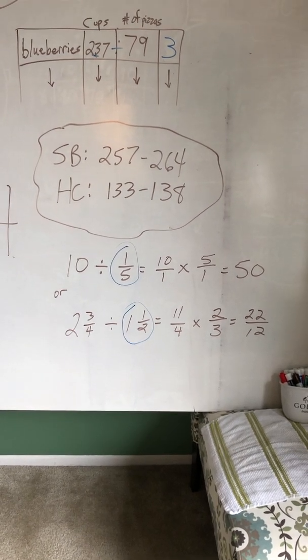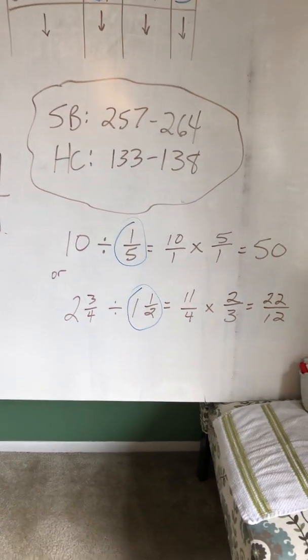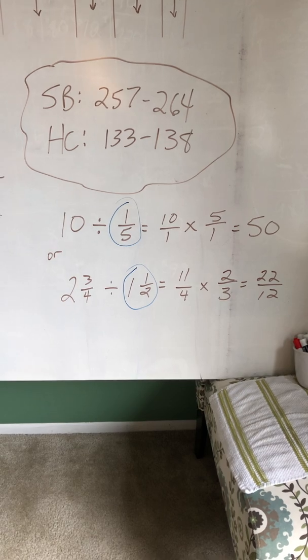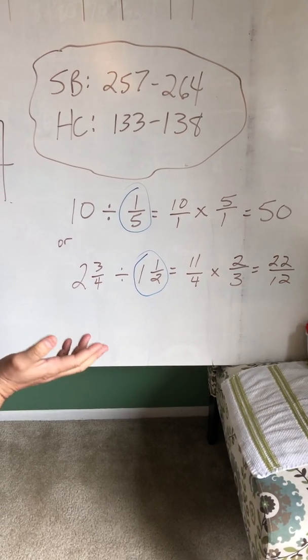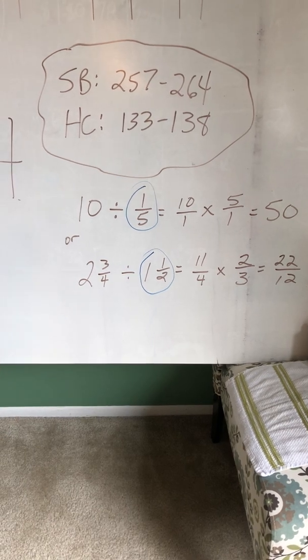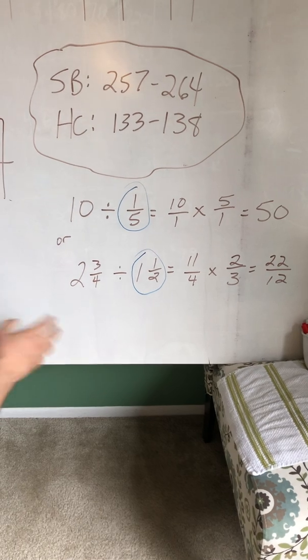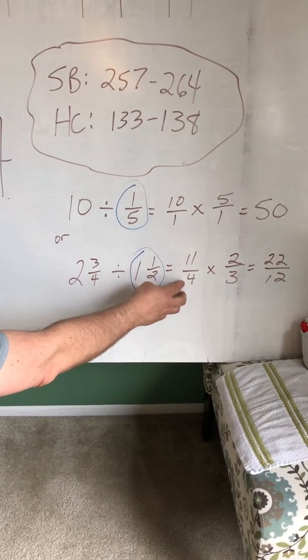Now, this is just me, but when you get down to 2 3/4 divided by 1 1/2, using improper fractions is just so much clearer in my head. So we've got 2 3/4 is 11/4.